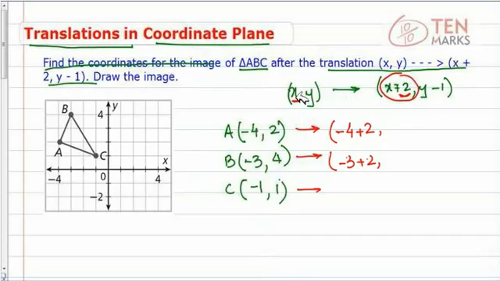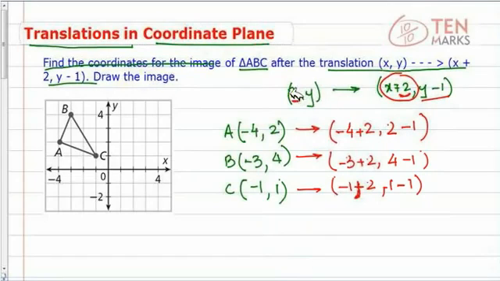X went from x to x plus 2. And this went from negative 1 to negative 1 plus 2. The y coordinate was 2, and what we had to do was subtract 1 from it. Here the y coordinate was 4, we subtracted 1 from it. Here the y coordinate was 1, we subtracted 1 from it, because that's what we're supposed to do.